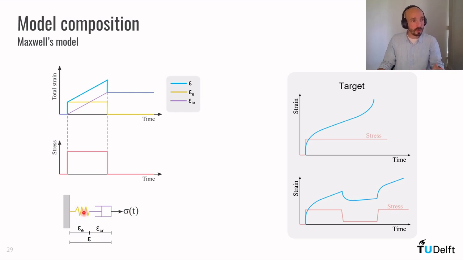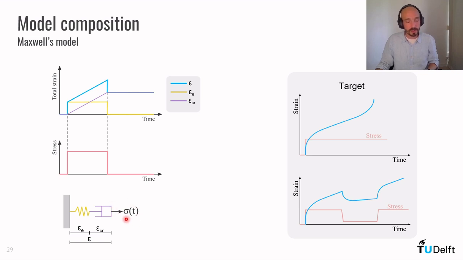The spring only responds to a stress. It doesn't care if it's connected to a dashpot or whatever else. If it perceives a certain stress, it will respond to that stress. The same thing for the dashpot. If it perceives a certain stress, it doesn't matter to which type of element it is connected, it will respond to the stress it perceives.